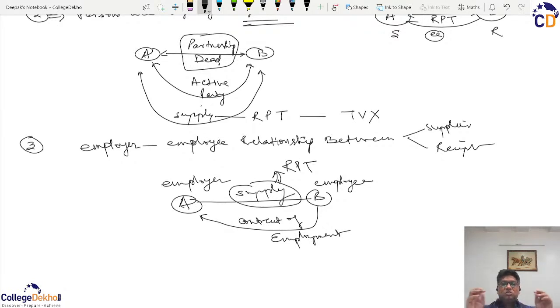So we use this word arm's length price, which says that this is normally the price of supply, the value of the supply, when the two parties are unrelated.